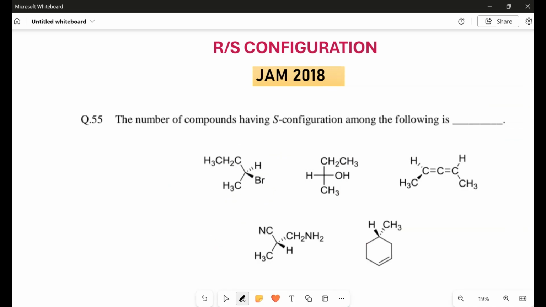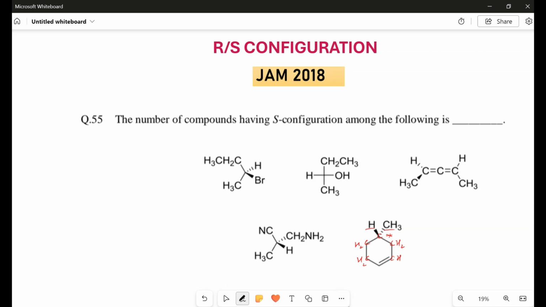The last molecule again has a chiral carbon. For this chiral carbon, you have four substituents: hydrogen, CH3, and here you have a CH2 followed by a CH, and here you have a CH2 followed by CH2. So there are four different substituents.